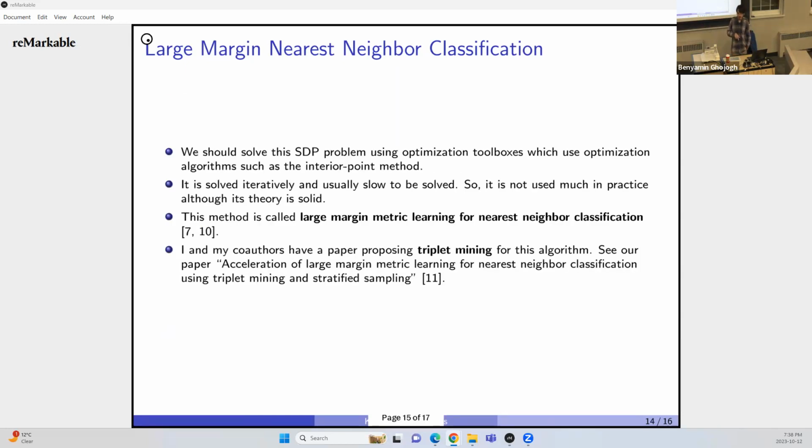By the way, there is another algorithm in deep dimensionality reduction, at almost the same time, that also formulated their algorithm as a semi-definite programming. Again, as I told you, it was very prestigious to formulate machine learning algorithms as semi-definite programming at that time, around 2005 to 2010.